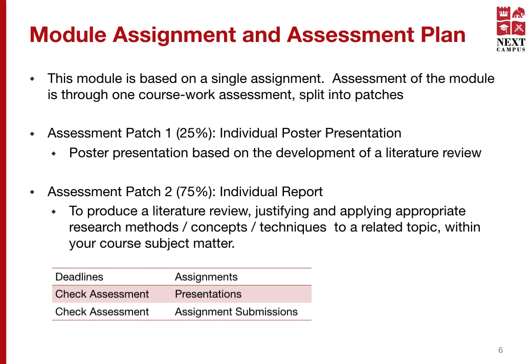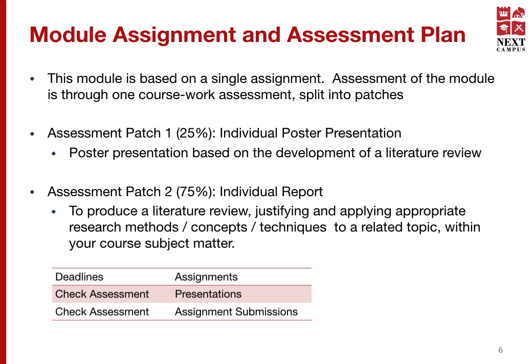It's very important for you to go through the assessment given in the Moodle and look at the deadlines. There'll be two deadlines, one for the presentation and one for submitting your literature review. Once again, the assessment is given in the Moodle, and you can see more details about these two assessments.